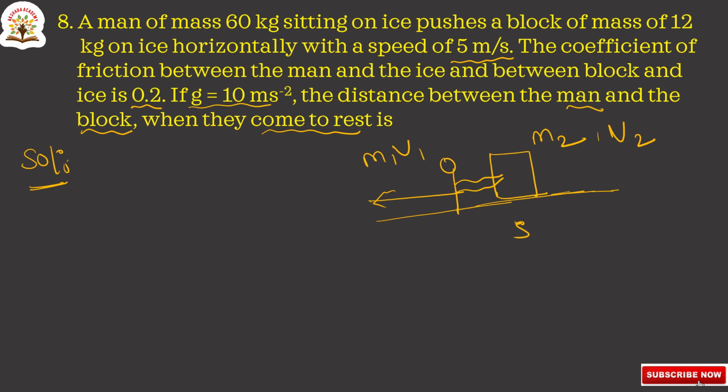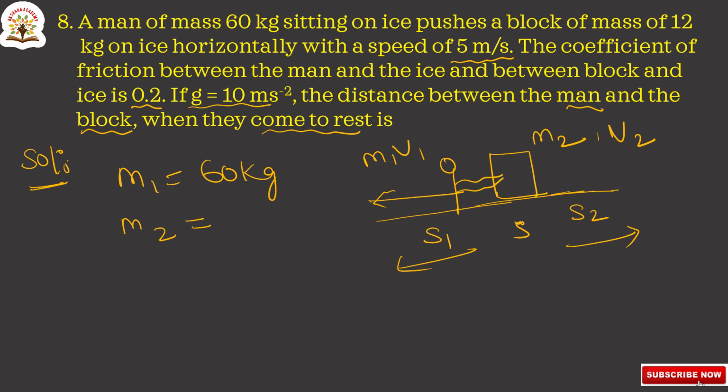Suppose these are the distances s1 and s2. They have given m1 as 60 kilogram, the mass of the man, and the mass of the block, consider this as m2, they have given as 12 kilogram, and v2 they have given as 5 meters per second.